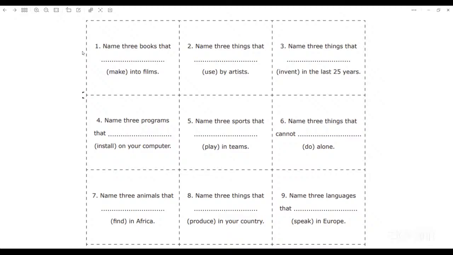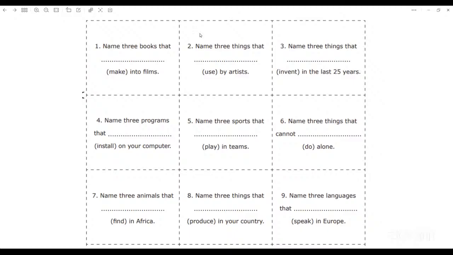Okay. For example, number 1, it asks us, name 3 books that were made into films. So I'll give you some time to think about that. And maybe let's talk about some different books.